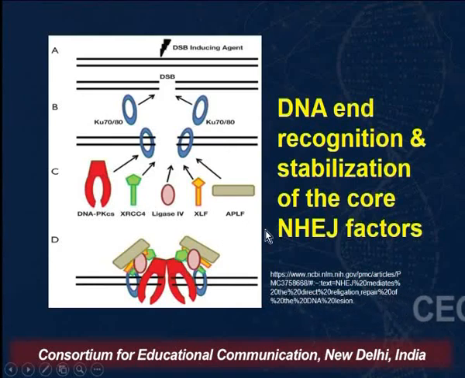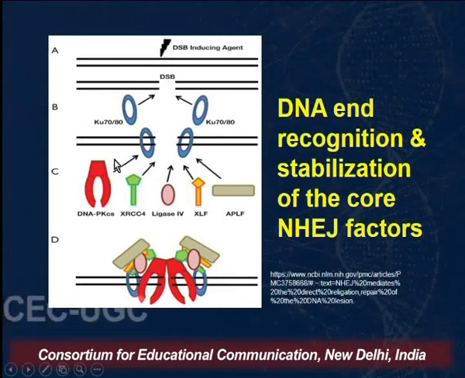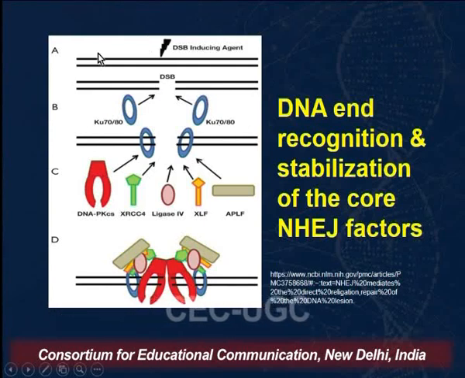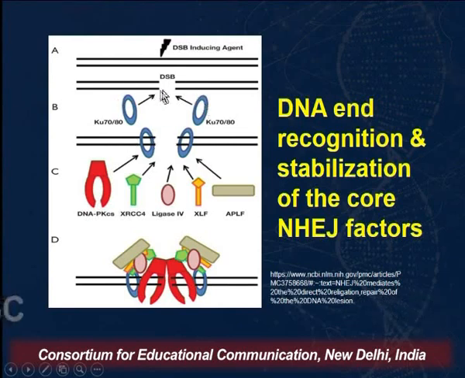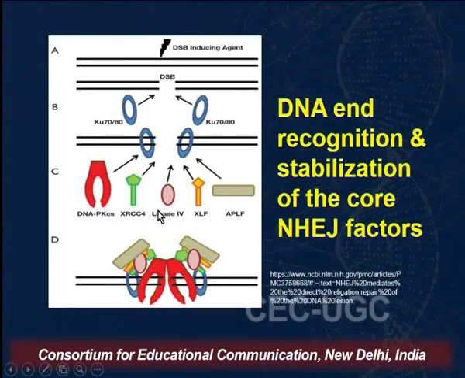So the first step is the DNA end recognition and stabilization of the core NHEJ factors. When there are double-stranded breaks, those breaks are recognized by a series of proteins, and these proteins tend to accumulate at these ends, and they further recruit various NHEJ machinery, in which there is a role of nucleases, ligases, and other protein molecules.